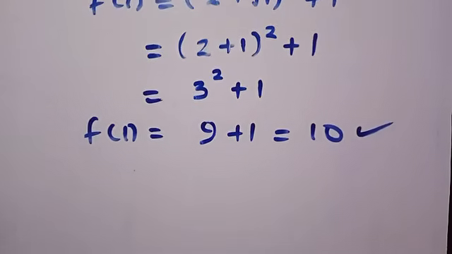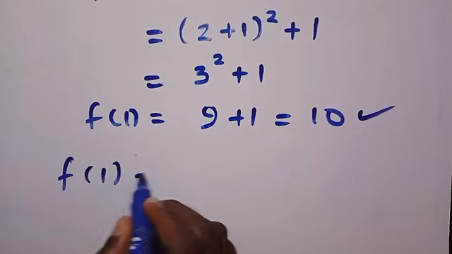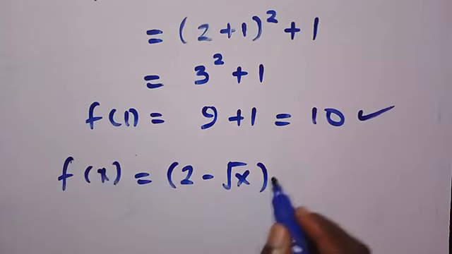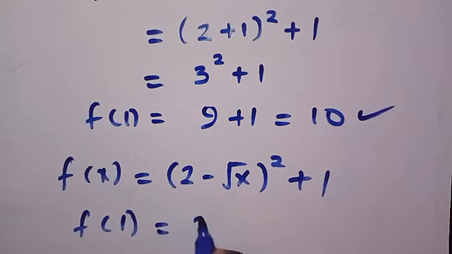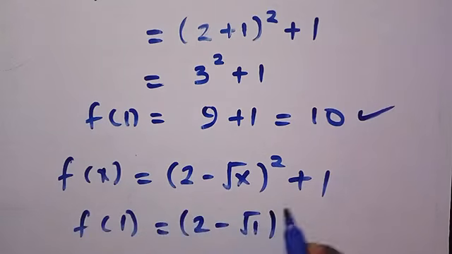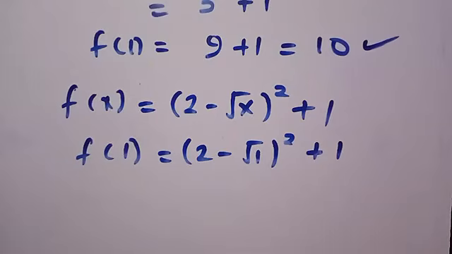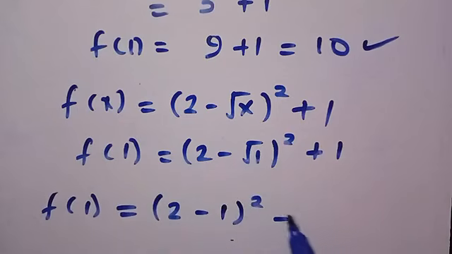For the second one, we test the negative and see whether it is also valid for this argument. For the negative, we have 2 minus the square root of x, all squared, plus 1. By replacing x with 1, we have f of 1 equals 2 minus the square root of 1, all squared, plus 1. Continuing, 2 minus the square root of 1, that is 1, raised to the power 2, plus 1.